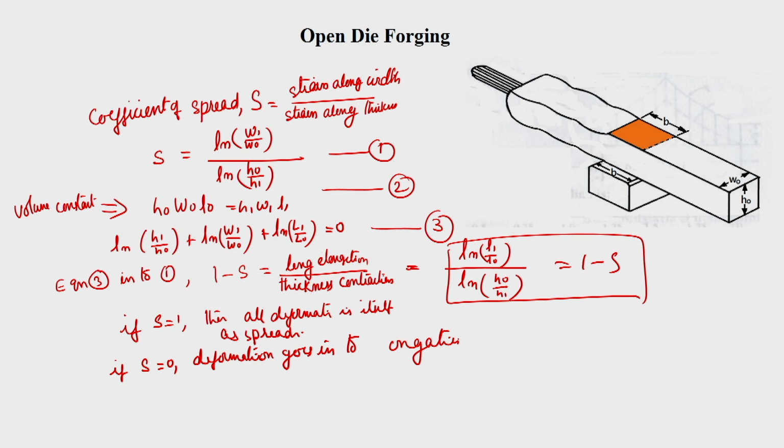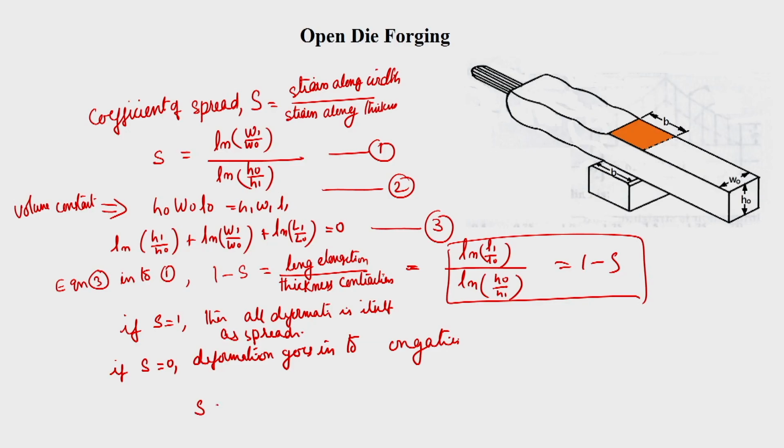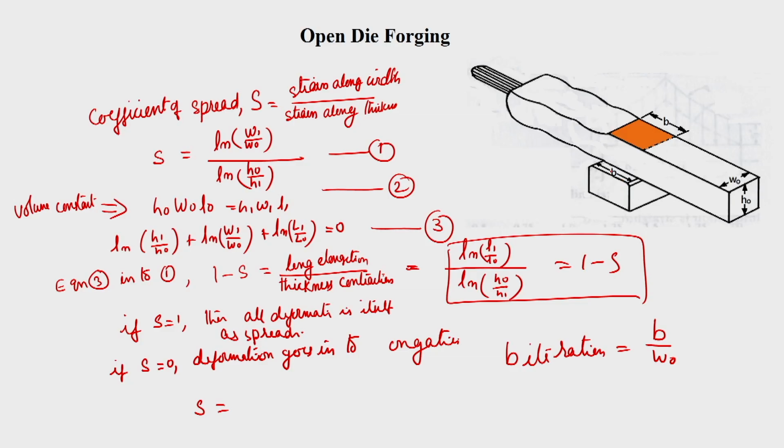Now, you will find that the spreading depends chiefly on the bite ratio. So S depends on the bite ratio, which is given by B by W0. B is the width of the top punch where it is in contact with and compressing the part, the distance at which it is contacting.